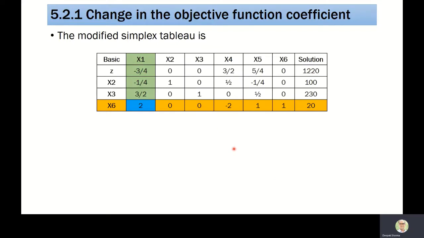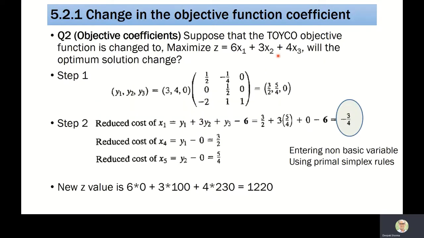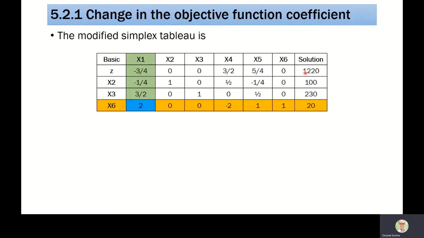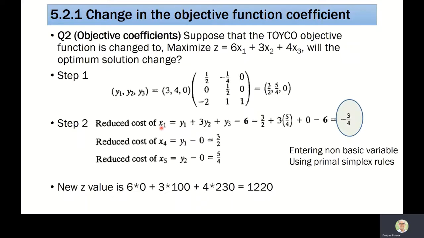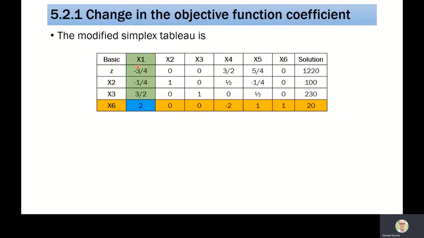So let us write the modified simplex table. You can see that we have changed the Z value to 1220, and since these coefficients have changed, these are the changes. Now we have found the reduced cost. For x1 it is minus 3 by 4. So you remember that reduced cost corresponds to the Z coefficients.